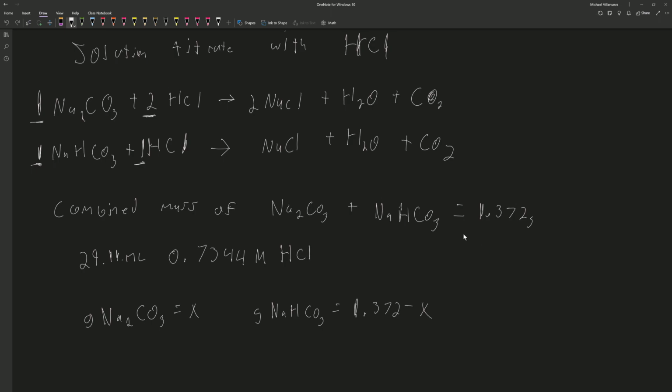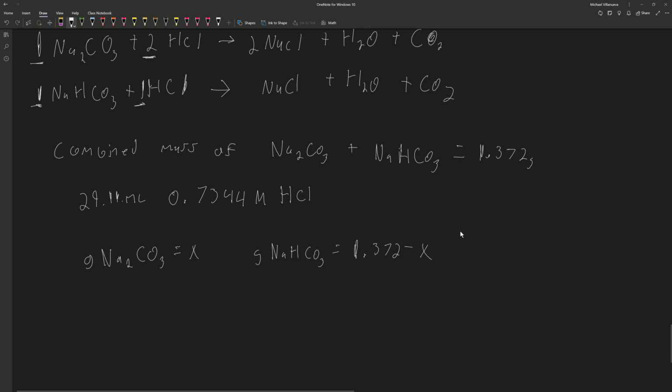So we're going to use this general idea right here. Let's do another thing. Let's say that the moles of Na2CO3 are equal to X divided by 105.99, because this is essentially the molar mass of Na2CO3.